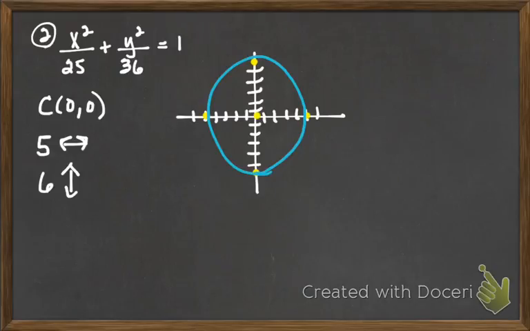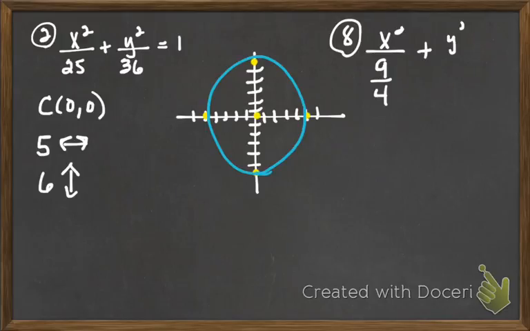All right, let's squeeze the next one in right beside this one. All right, number 8 is x squared over 9/4 plus y squared over 25/4 equals 1.